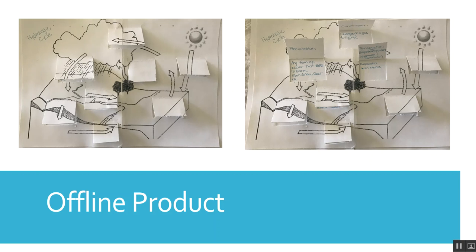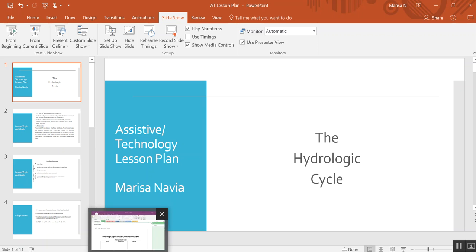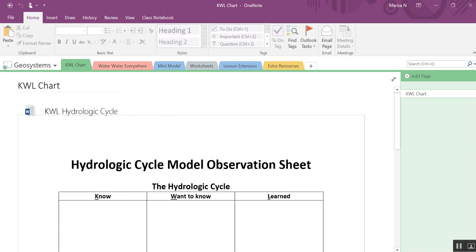Next, we have the interactive OneNote notebook. At the top, you can see the different tabs of sections in our lesson, and to the right-hand side, the different pages within each tab.